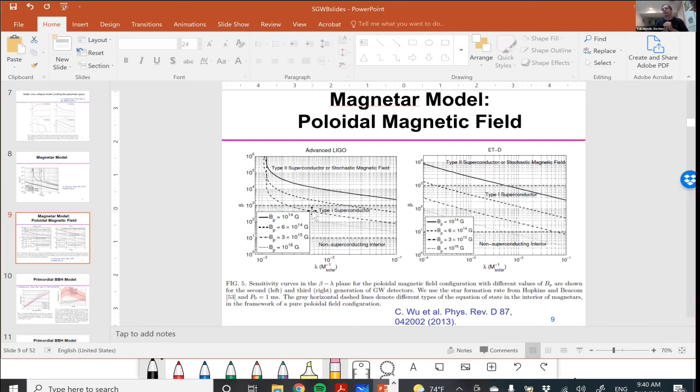In the case of magnetars, perhaps there will be a strong contribution coming from our galaxy. In which case, if you do a directional search, you will see the galactic plane is lit up as compared to the rest of the sky. So in that case, you have another piece of information that tells you, okay, this is a galactic source rather than extragalactic.